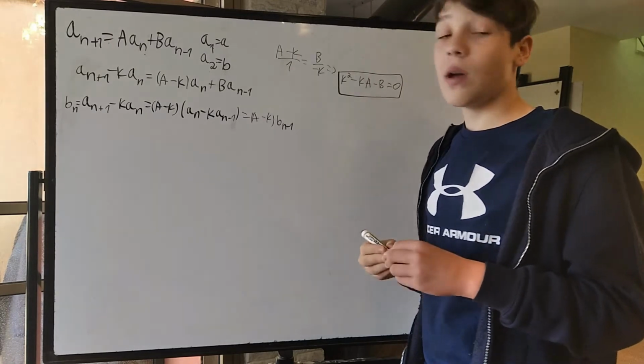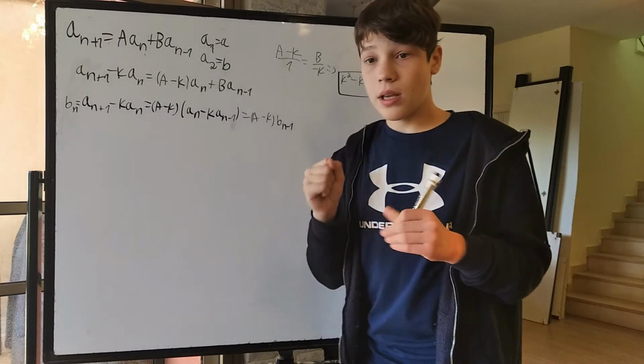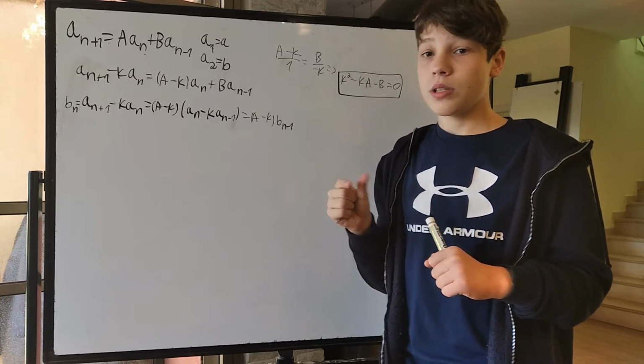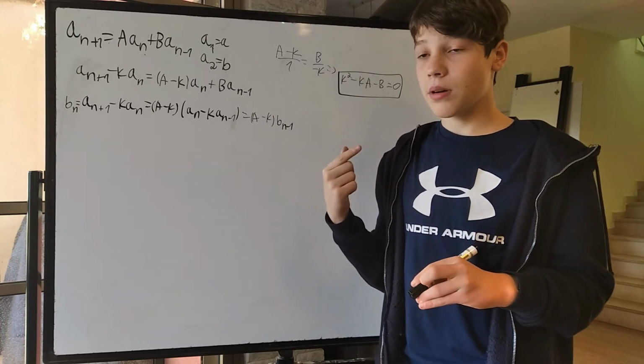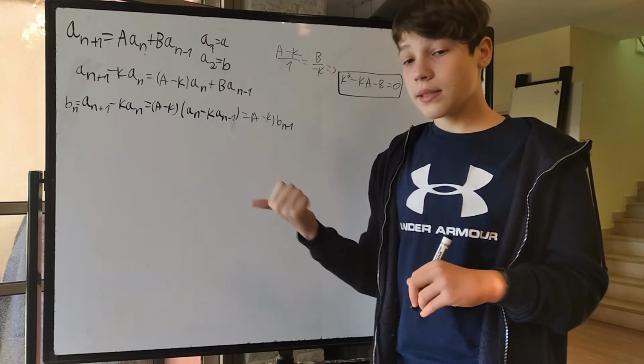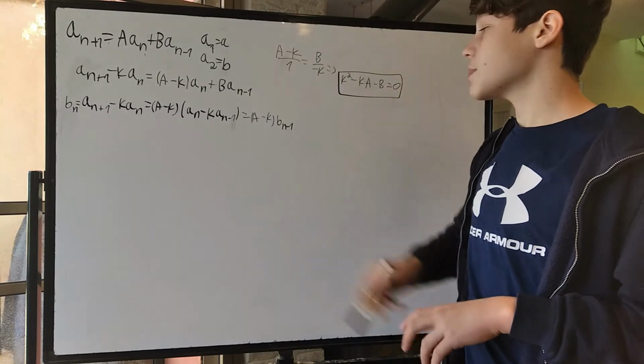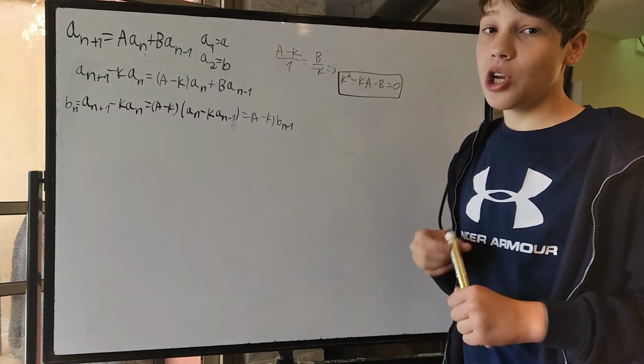But if you have a series where each number is the same multiple, so you're multiplying by the same number to get the next number, b(n) is some constant times b(n-1). b(n) is a geometric series.